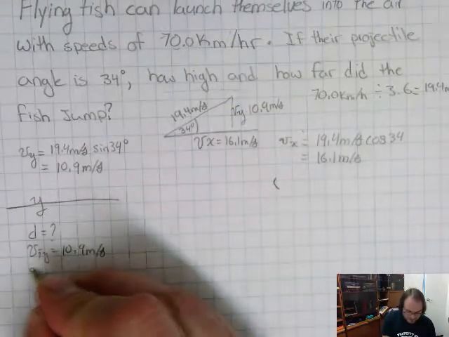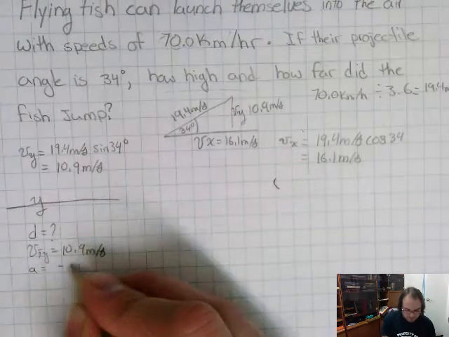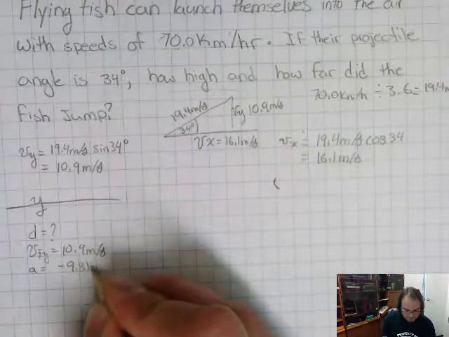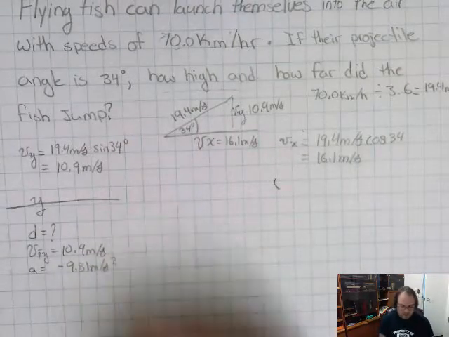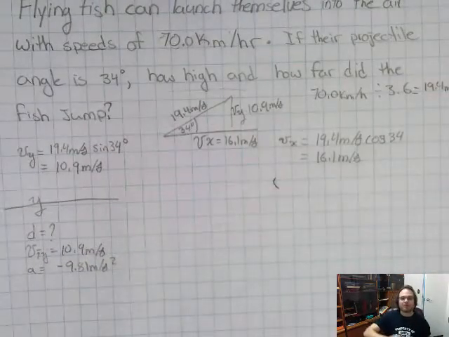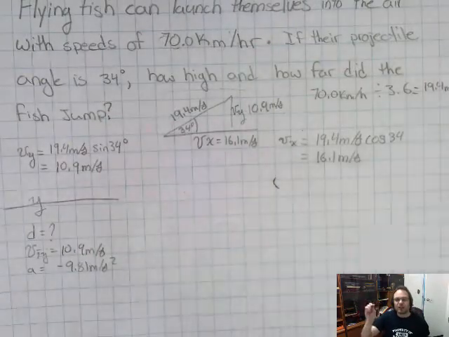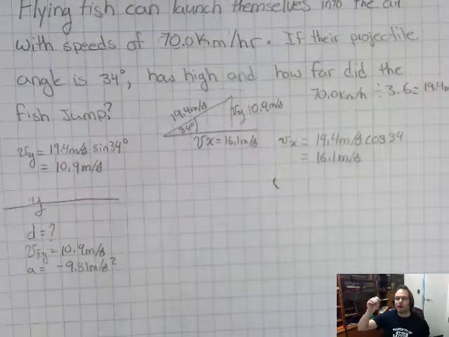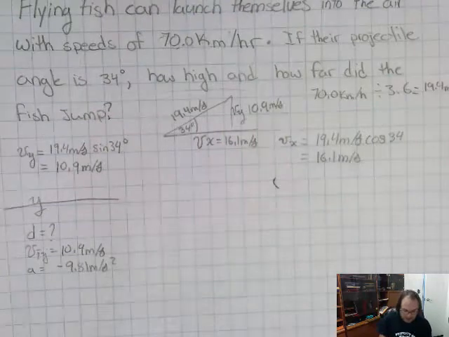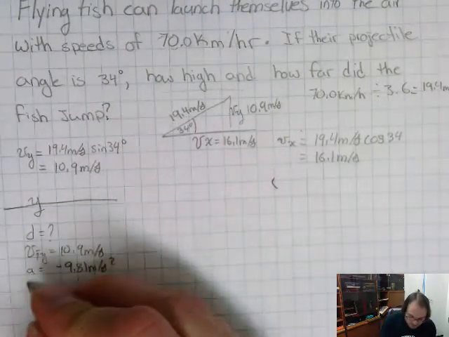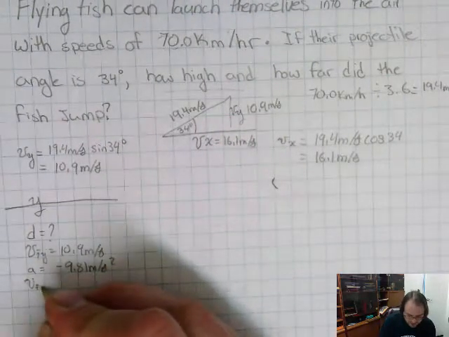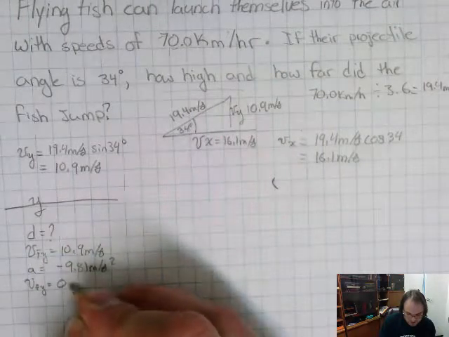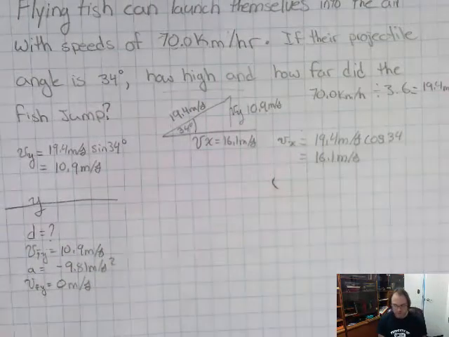We know my acceleration is going to be gravity. For the maximum height, if something shoots up to a maximum height, it's going to stop temporarily in the y before it comes back down. So for our maximum height, we know my Vf in y is equal to 0 meters per second.